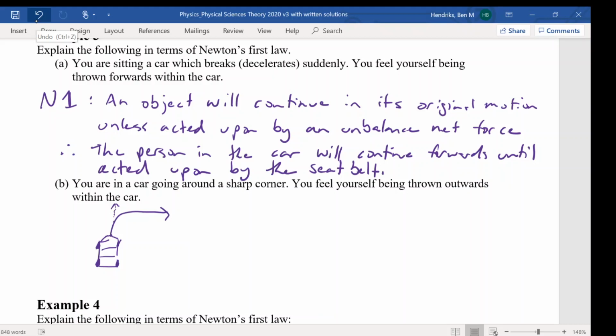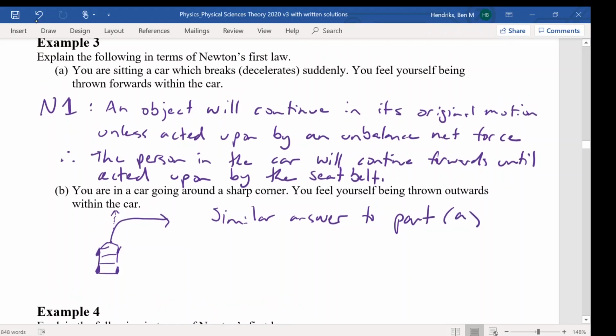So you will be thrown outwards, but really you'll just be thrown in the original straight line that you're going in. So you're going in your car around a sharp corner, you feel yourself being thrown outwards within the car. So again, you could write a similar answer to part A.